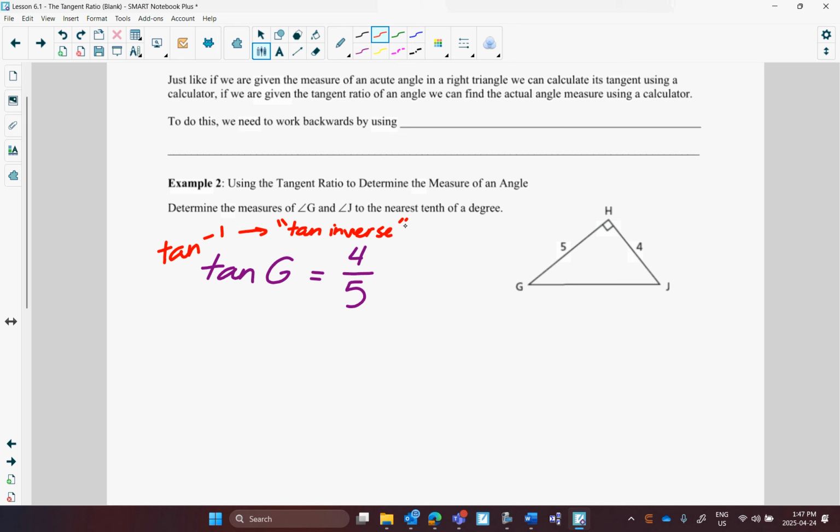You find it above the tan key, so you get to it by shift. Remember, tan inverse and tan cancel each other out. So G equals tan inverse of 4 divided by 5. You go shift tan on your calculator to get to tan inverse, and then punch in 4 divided by 5.